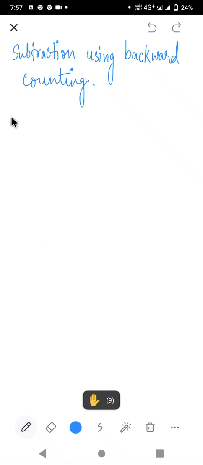So let's take an example. We have to subtract 4 from 35.